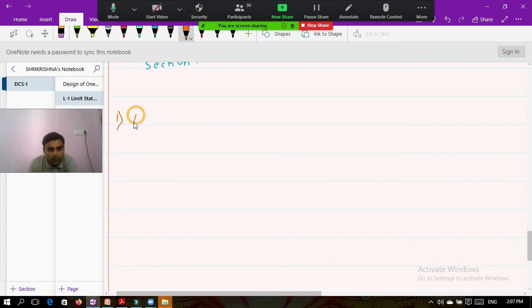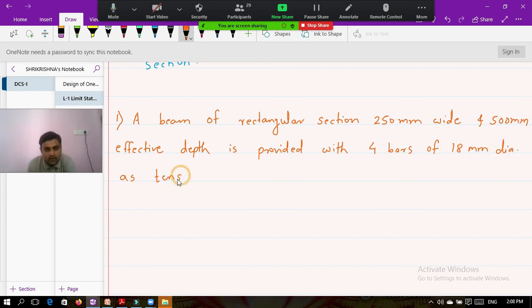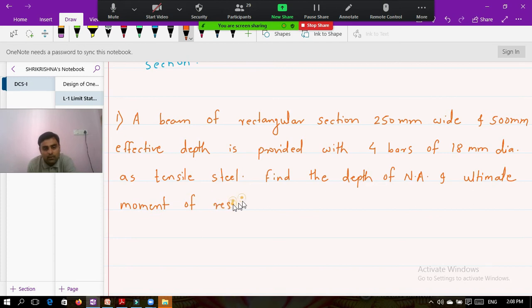A beam of effective depth is given. It's provided with 4 bars of 18 mm diameter as tensile steel.